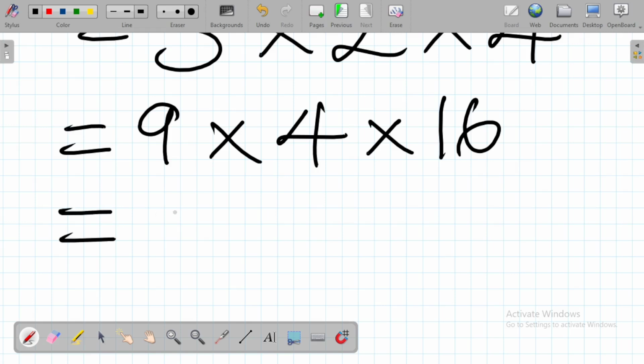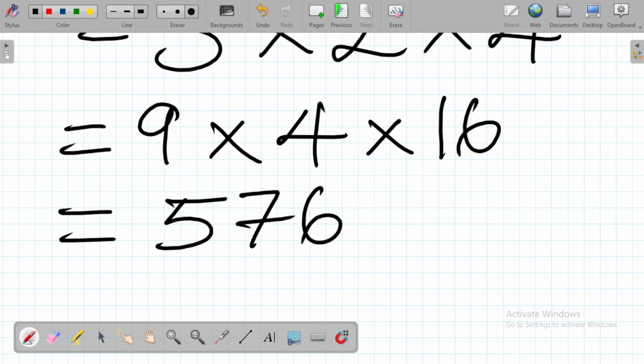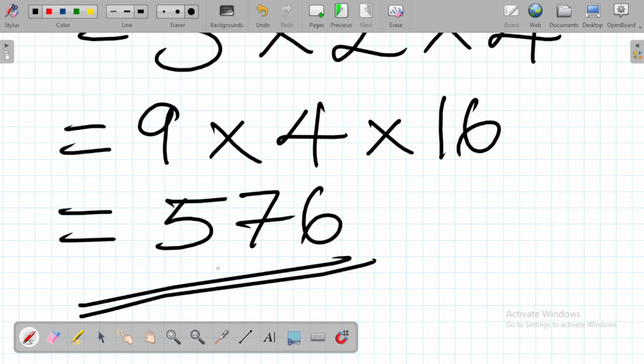So our answer is 9 multiplied by 4 multiplied by 16, which gives us 576. So this is our answer.